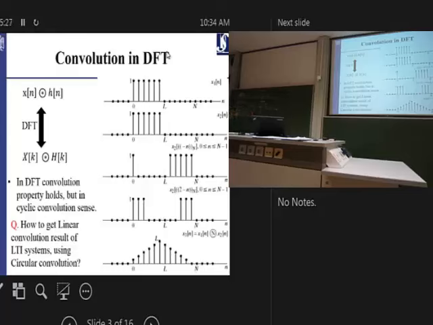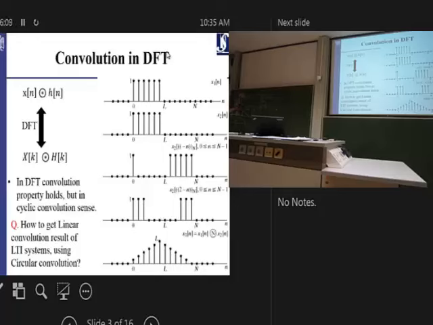And just as a reminder, if this signal goes from 0 to L1 and the system is from 0 to L2, the convolution has values from 0 to L1 plus L2 minus 1, assuming that we have a number of samples L1 and L2.